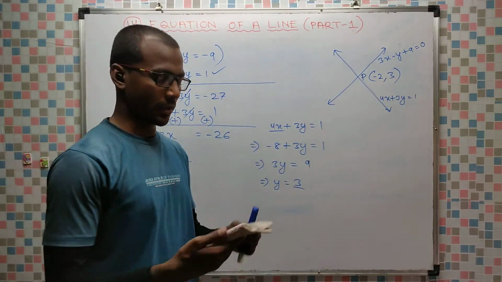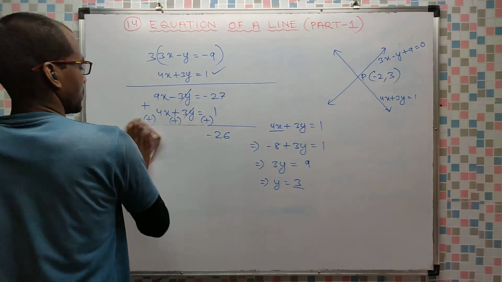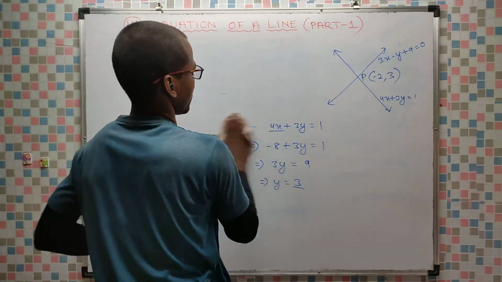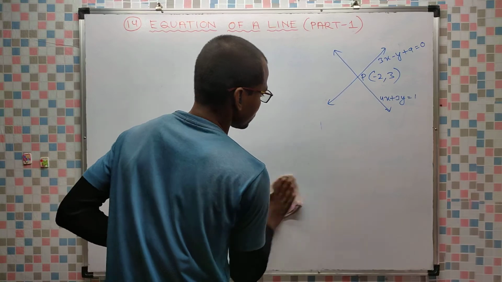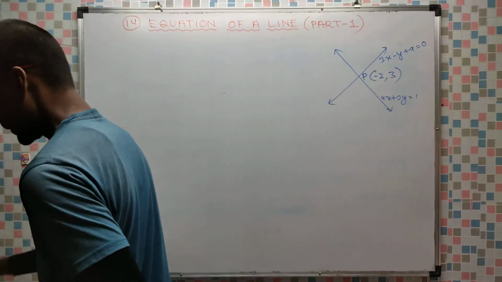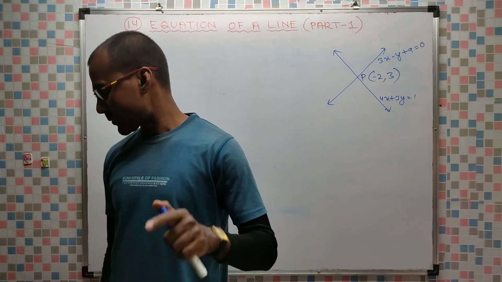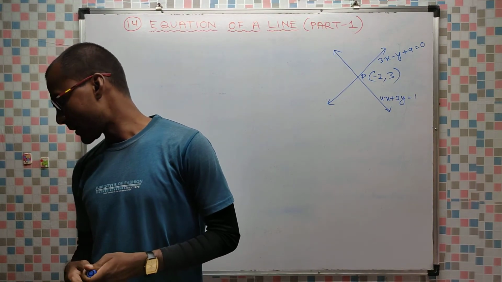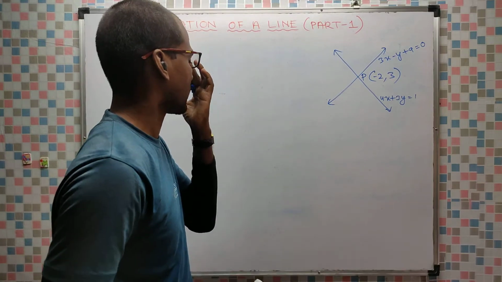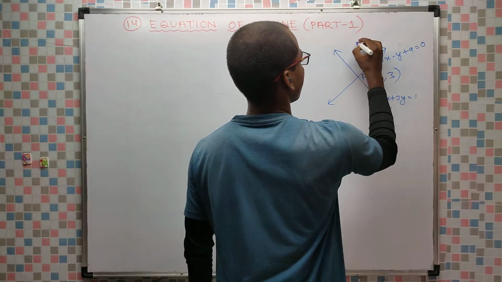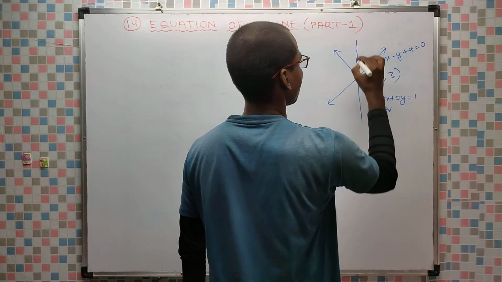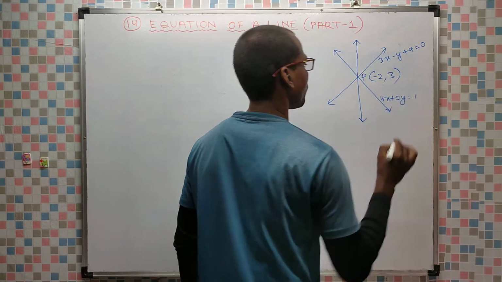Now the second part of the question, you can look in your book. If this point P lies on the line, there is another line passing through the point, randomly I am drawing, there is another line passing through this point.